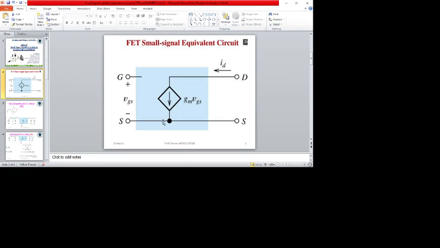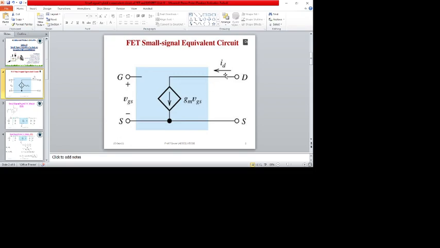We can find the current from drain to source, which is called the drain current, that is ID. Based on this ID, we can find one current element in terms of transconductance GM and VGS.